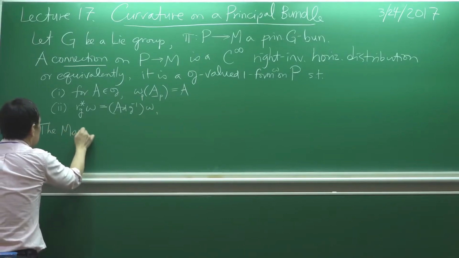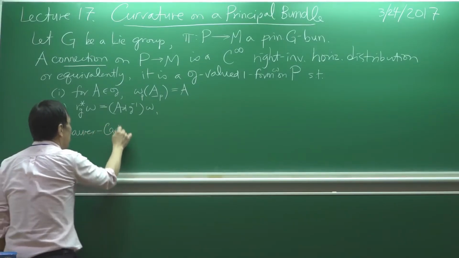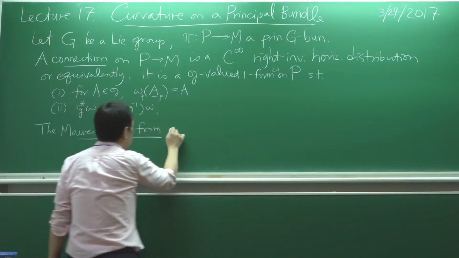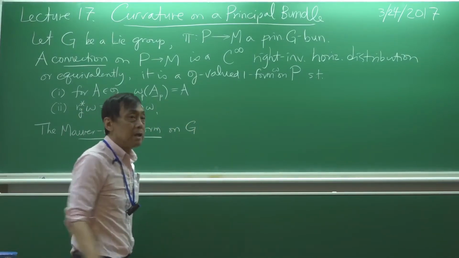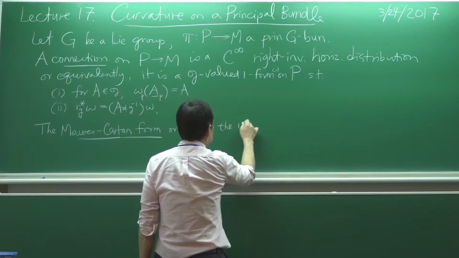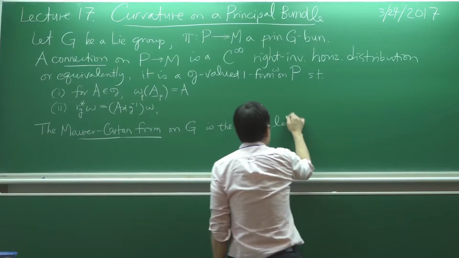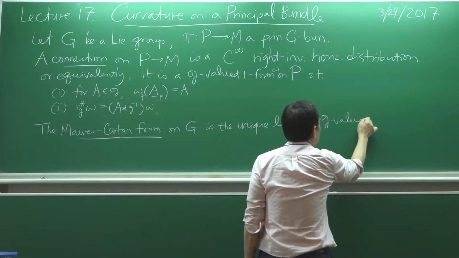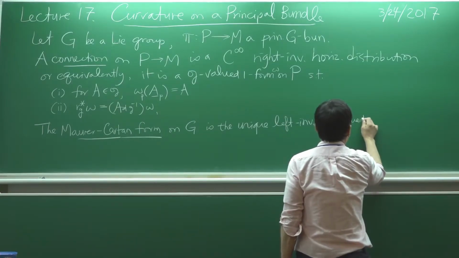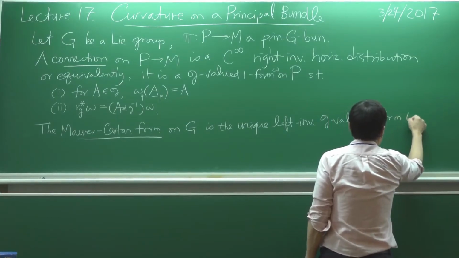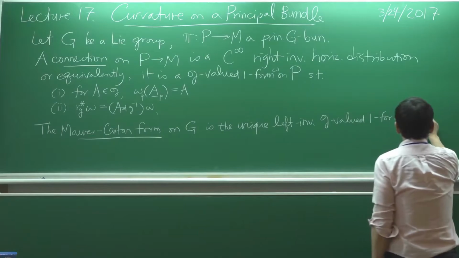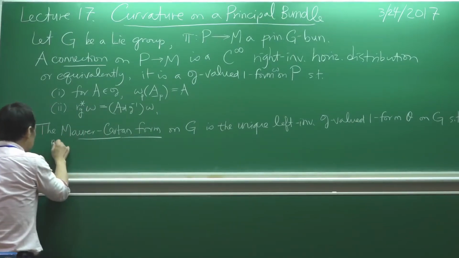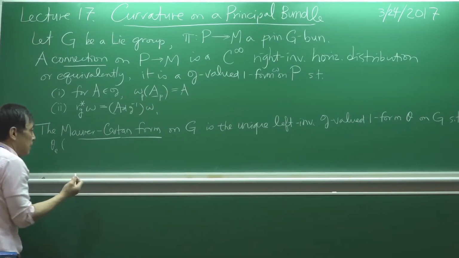Okay. Using the Maurer-Cartan form. So the Maurer-Cartan form on a Lie group G is the unique left invariant g-valued one form theta on G such that at the identity it is the identity.